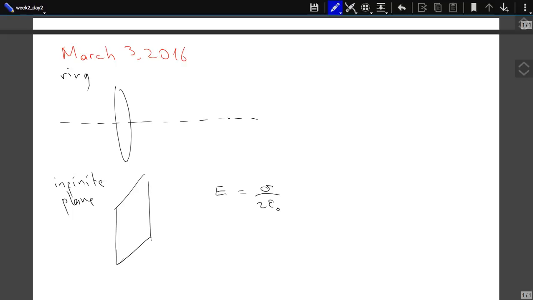Now I have to also specify the magnitude, and the magnitude of the electric field is proportional to the density of field lines.